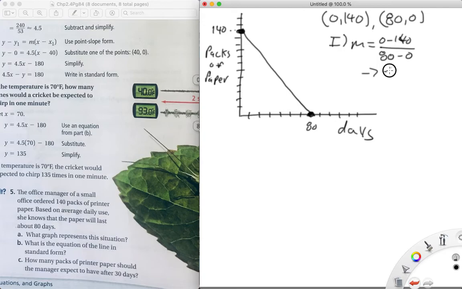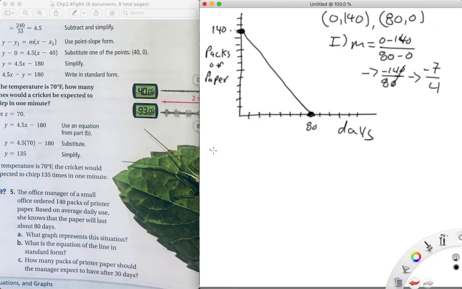That gives me negative 140 over 80. The zeros cancel. Divide by 2, that's negative 7 over 4. So that's our slope. That's step 1.